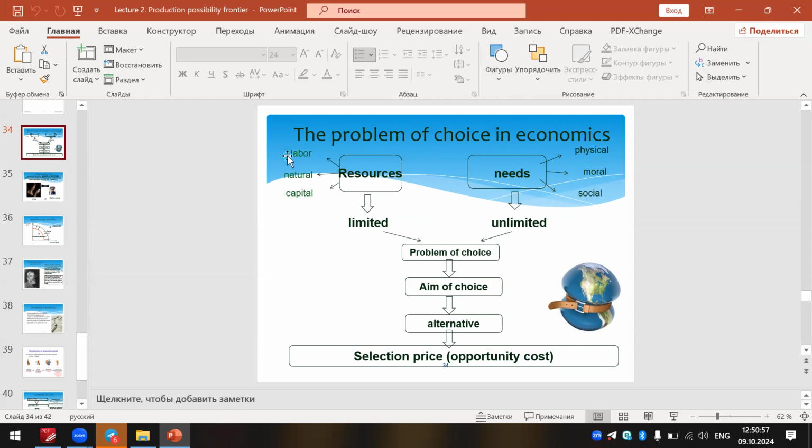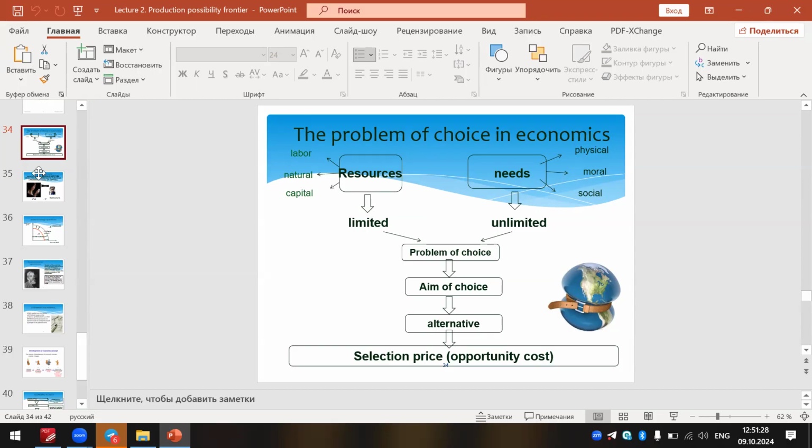And they always lead us to the problem of choice, and then to take some alternative. And the selection price for this alternative is opportunity cost. So we need to calculate and also to consider what will be the cost. Is it really effective to produce this kind of products with available resources, or another, alternative one?